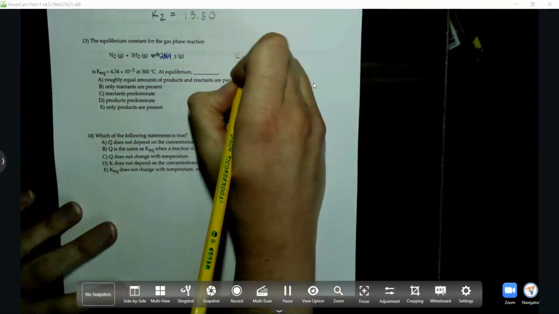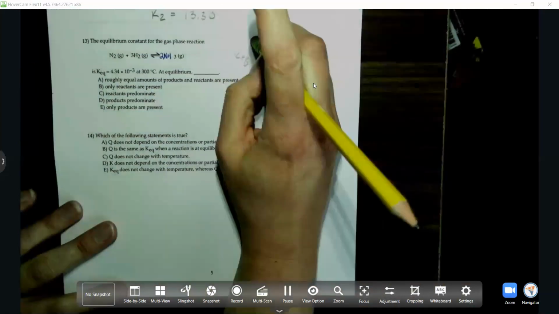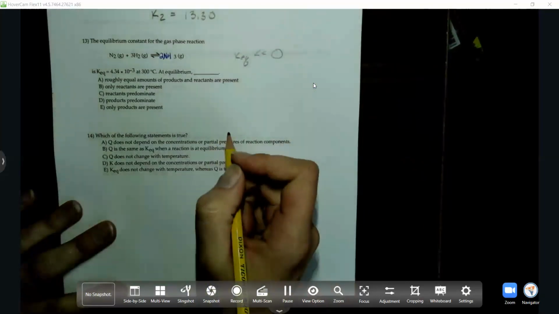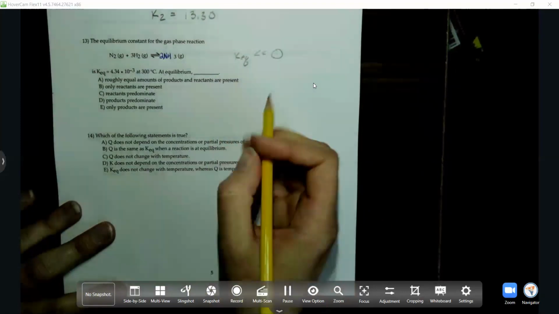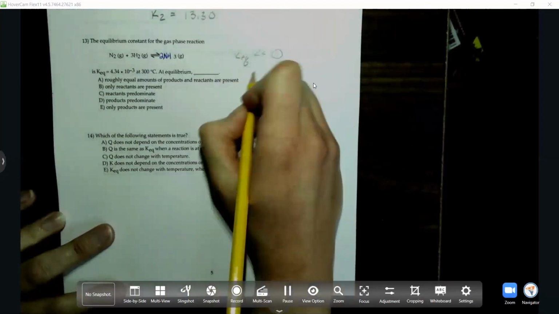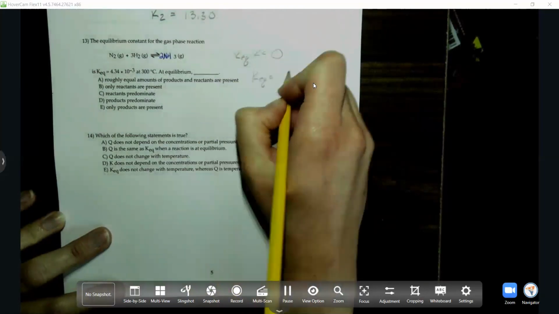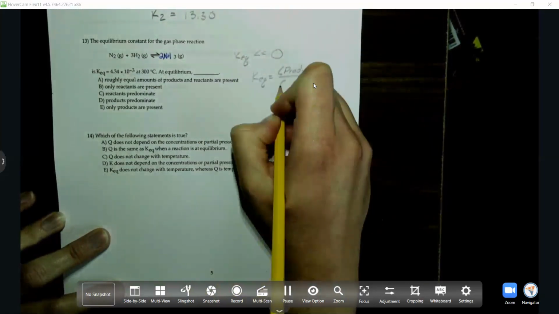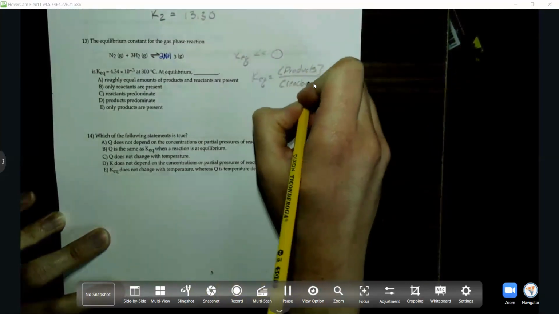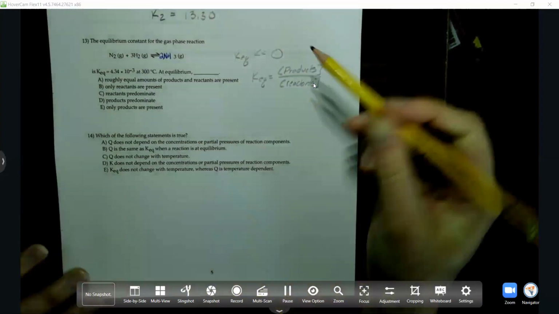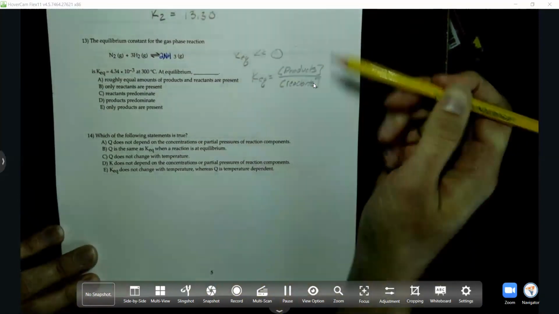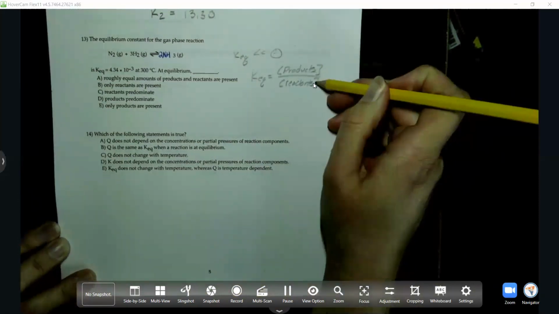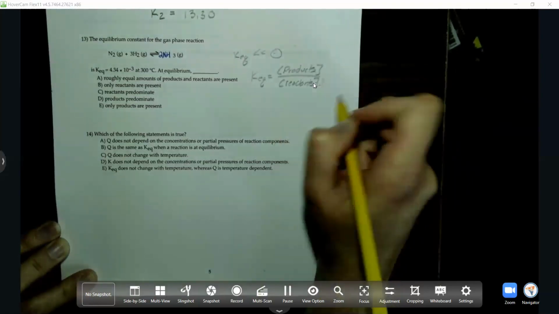So if KEQ in this case is much smaller than 1, we consider that KEQ is equal to the concentration of products divided by the concentration of reactants. So if KEQ is very small, that means that our product concentrations are probably small and our reactant concentrations are probably large, which will make our KEQ very small.